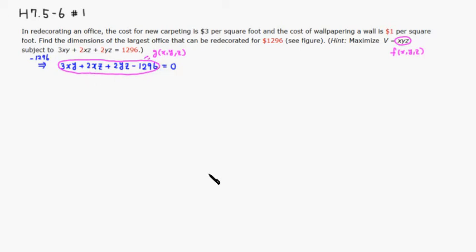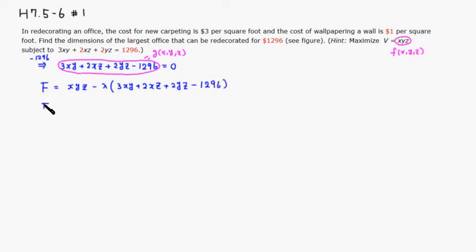Alright, so let's formulate capital F. So capital F is going to be simply F, so x times y times z, minus lambda times 3xy plus 2xz plus 2yz minus 1296, right?